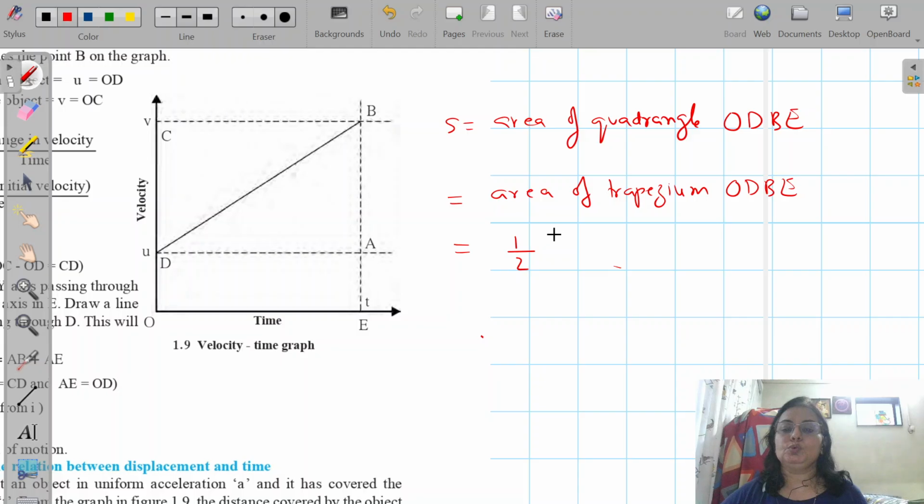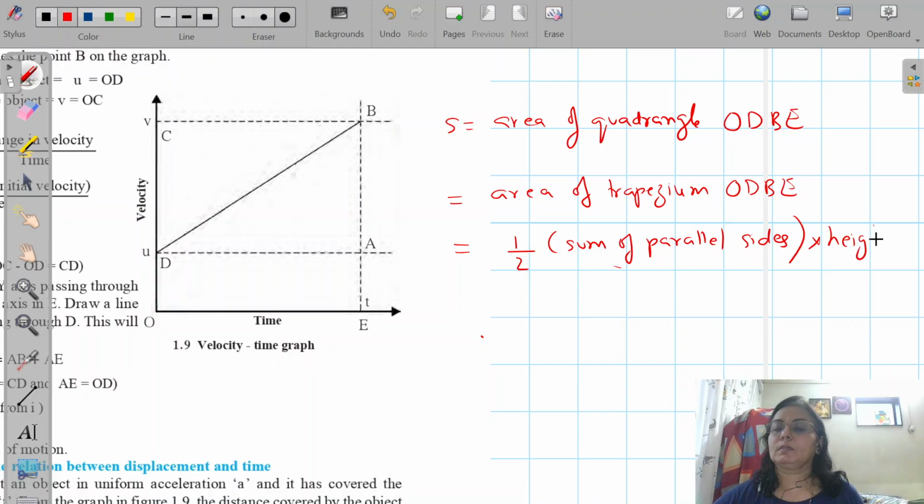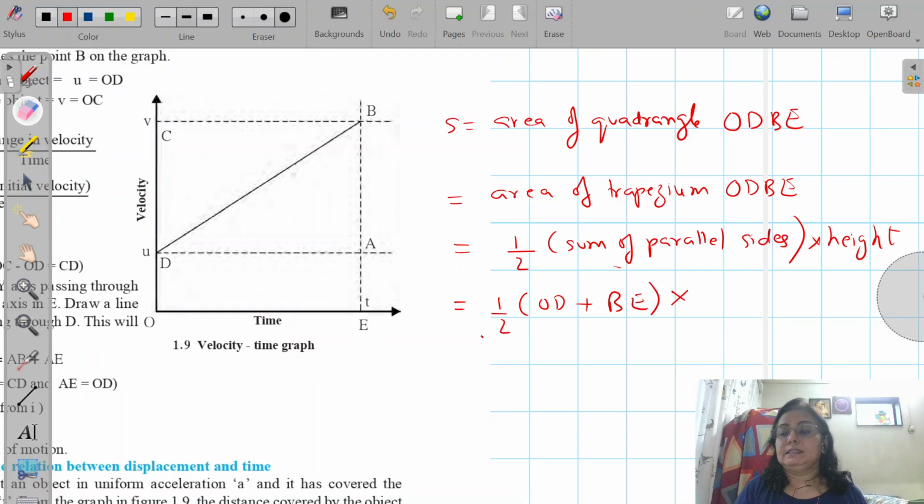Half into sum of parallel sides into height, or you can say distance between the parallel sides.